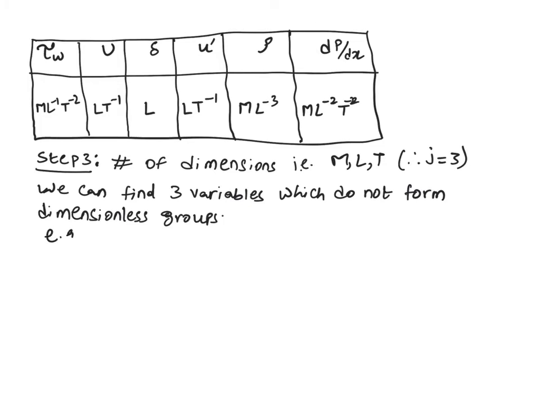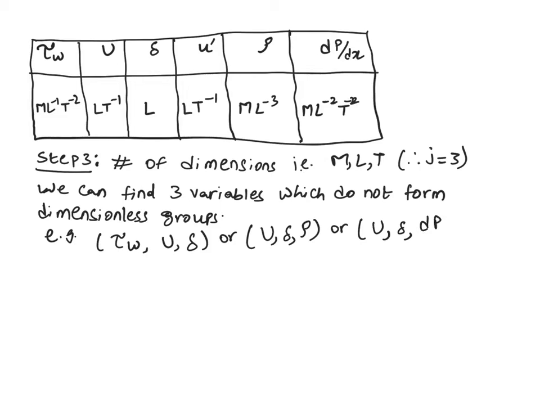For example, those three can be tau w, u, delta, or u, delta, rho, or u, delta, dp by dx. So j would be 3.